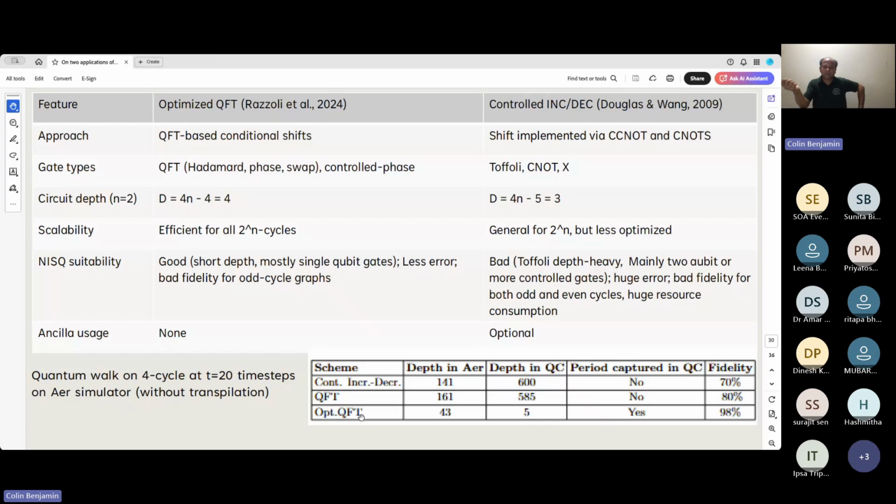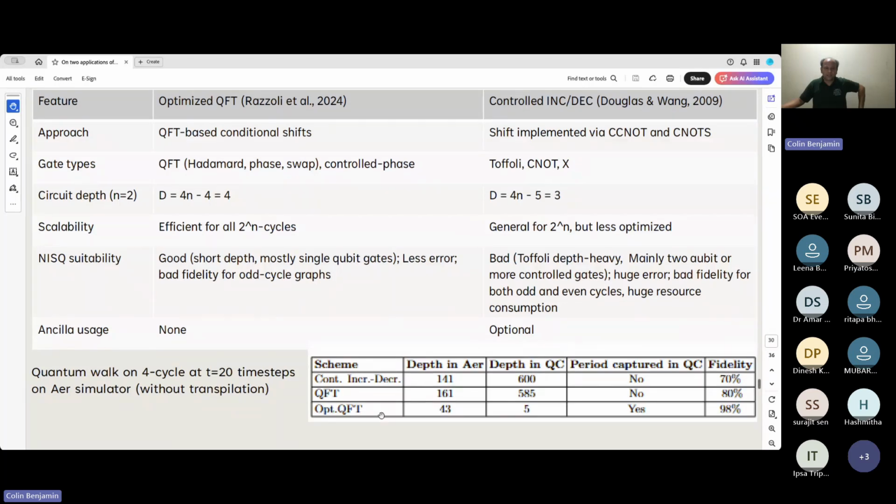So it gauges the periodicity and finds the optimum circuit depth for it. So for the circuit depth here, if we have a 4-cycle graph and use our coin operators, we find that the periodicity is 20. So here you can do it using a depth of 5, actually. So that gives a rapid improvement for optimized quantum Fourier transform circuits.